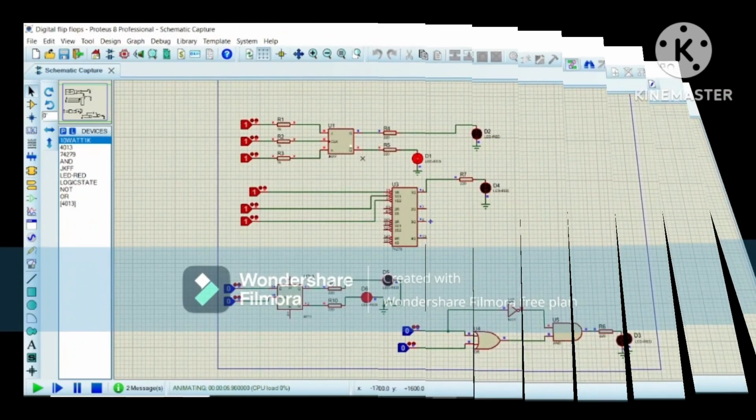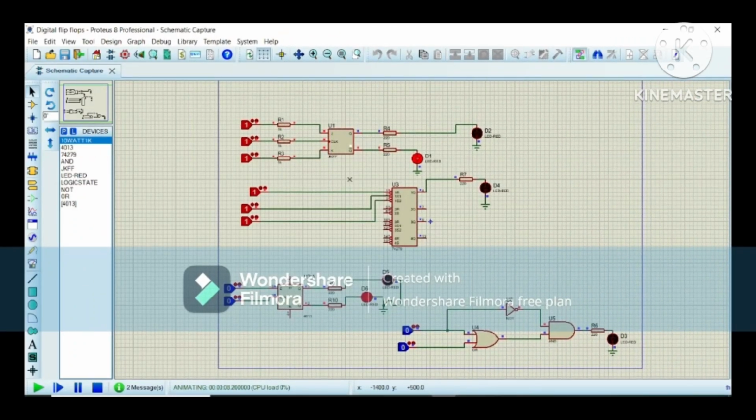And that's all. Some problems that we had with the flip-flops were that, for example, in this flip-flop we didn't complete the logic gates. We are missing some of them, so that was a problem.